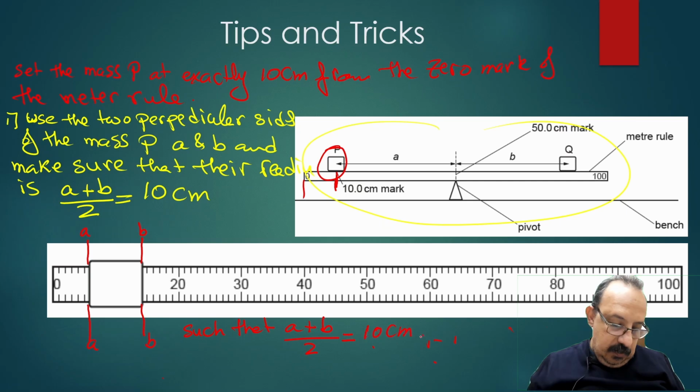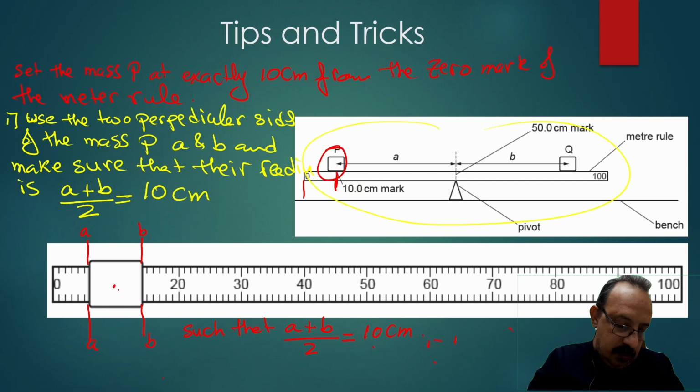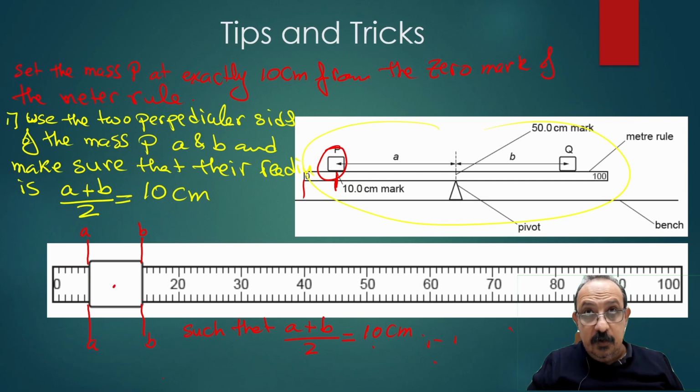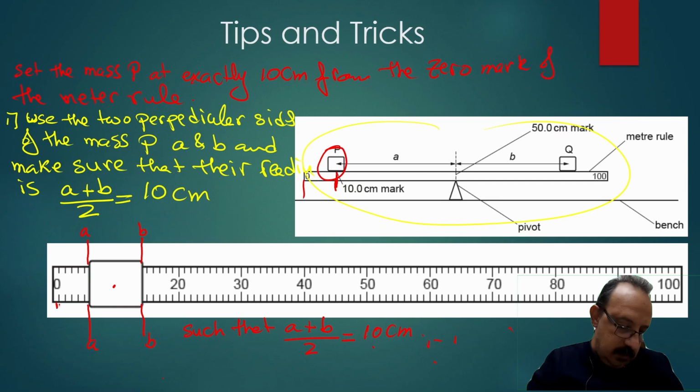Okay, then what we see over here, let us take the measurement on this meter ruler to check if the center of this box is exactly at the 10 centimeter mark or not. We come from this side: 1, 2, 3, 4, 5.